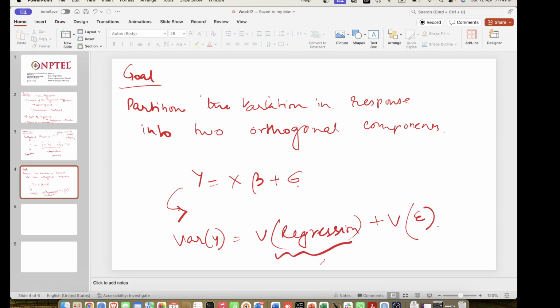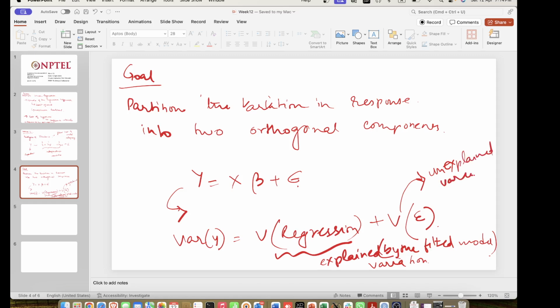This part is the explained variation, explained by the fitted model, and this part is the unexplained variation, which could be because of unaccounted factors that are not represented in this model, plus some random disturbances.